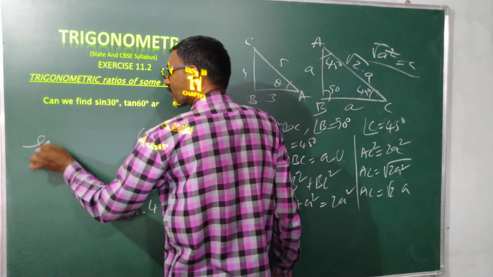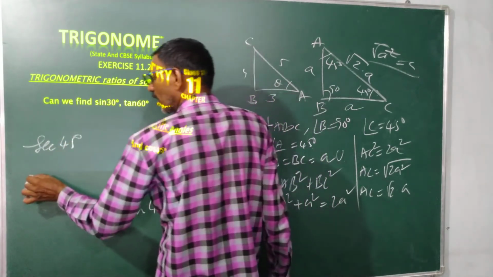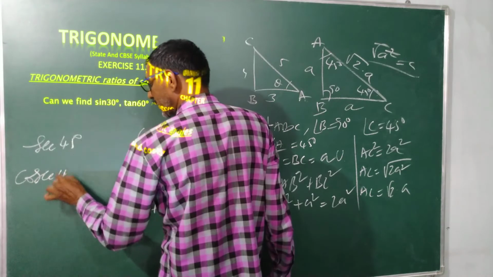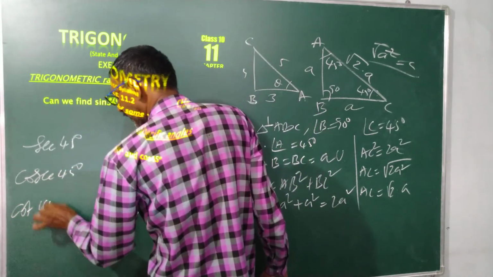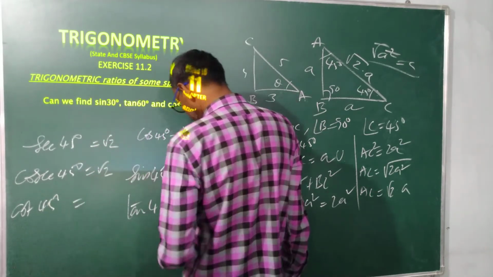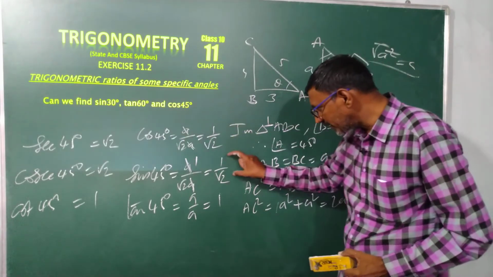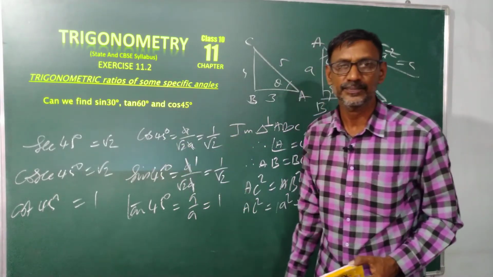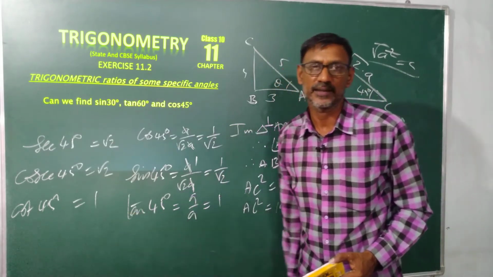Sec 45 degrees. Cosec 45 degrees. Cot 45 degrees. This is root 2, this is root 2 and this is 1, because its inverse ratio is root 2. If you know these things, you can know that.